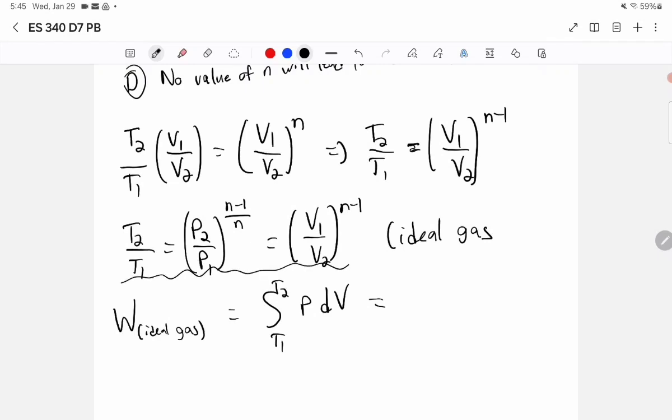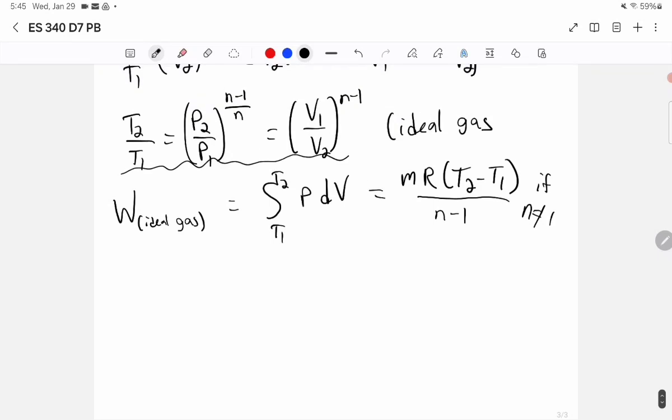We can find that we get mR times T2 minus T1 over 1 minus n if n is not equal to 1, or we can find for n equal to 1, this is equal to mRT times the natural log of V2 over V1.